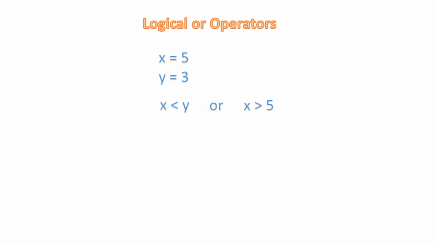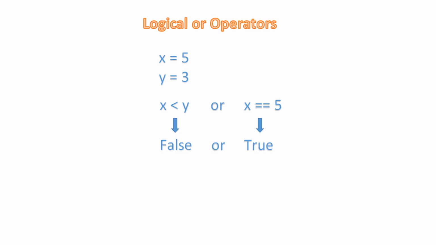Logical OR operator. In this example, I am combining the comparison operations with the logical OR operator. Output of x less than y is false and x greater than 5 is also false. When false and false combine with the logical OR operator, then the output is false. In this scenario, the output of x less than y is false and x double equal to 5 is true.